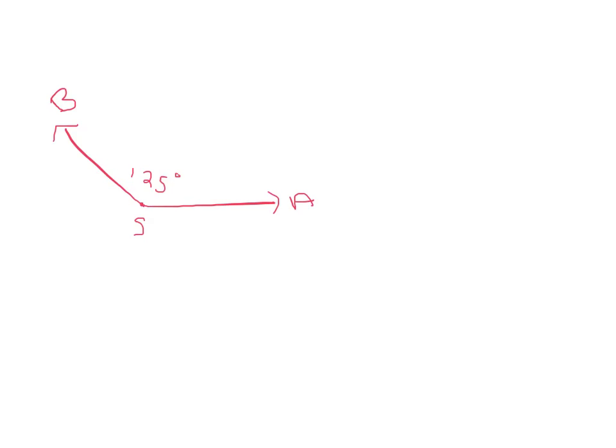Train A, just for the record, is going 100 kilometers per hour. And train B is going 65. Basically, I'm looking for how far apart are they after 2 hours.